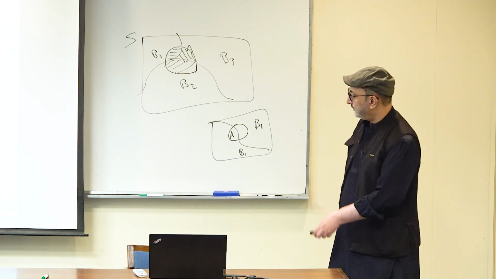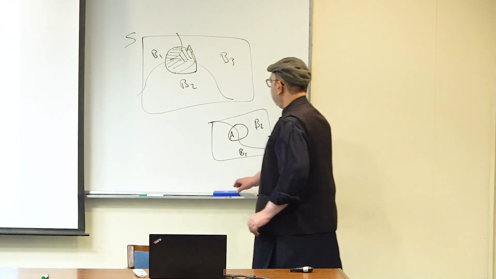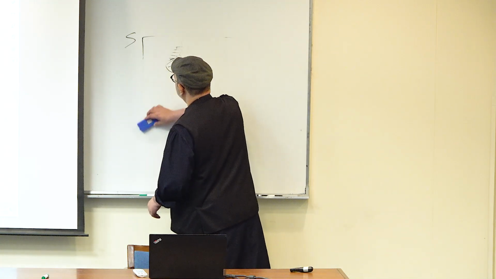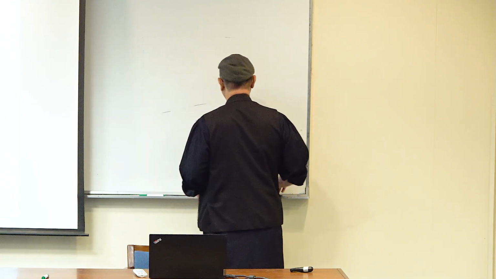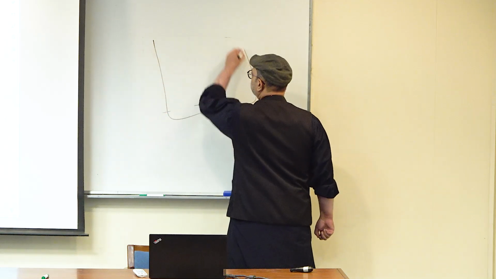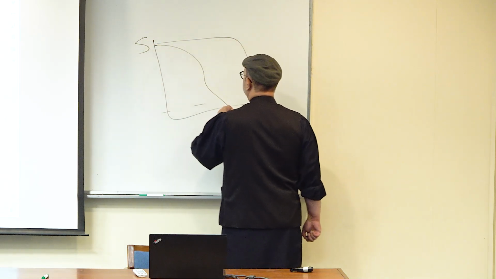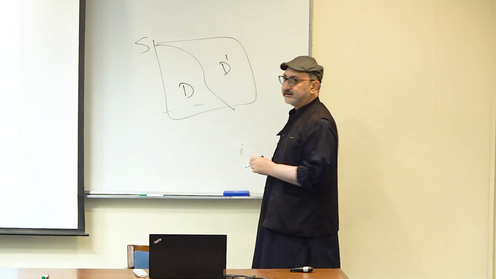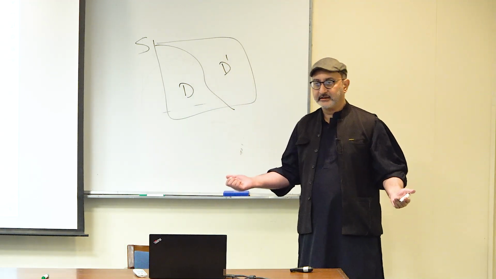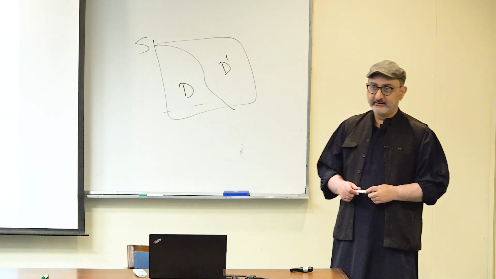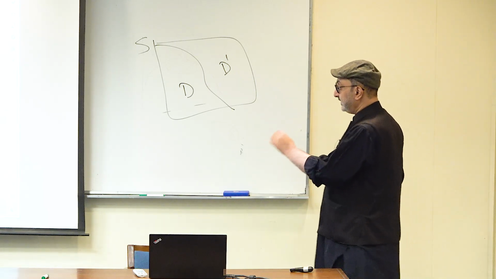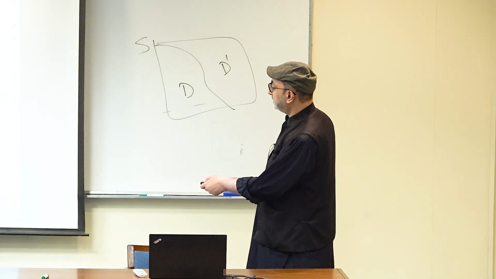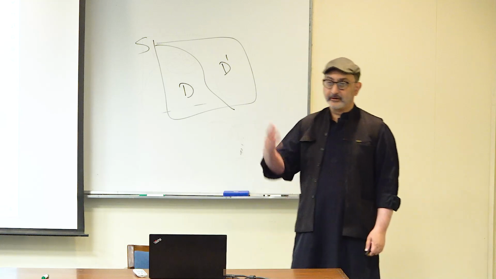Well, if you have S and you have an event D and its complement D complement in S, then they automatically partition S, and this is given by total probability.